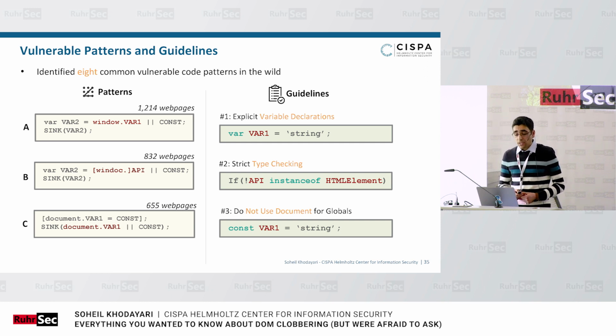We can have strict type checking, because when you clobber a variable, it will point to a node in the DOM tree or an HTML element. So by checking whether a native API is not an instance of an HTML element, we can make sure that it is not clobbered. Or by not using, in general, document and window for storing global variables. Instead, we can just rely on constant variables or variable declarations.